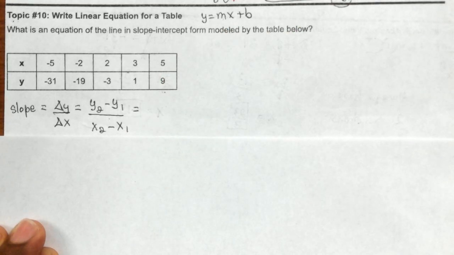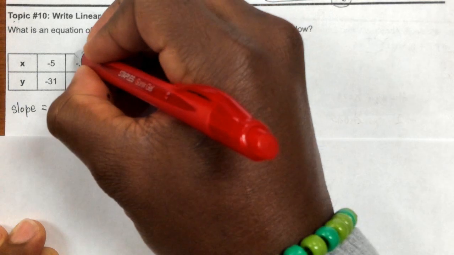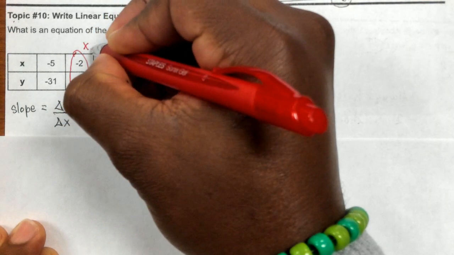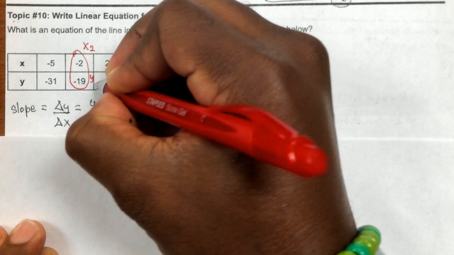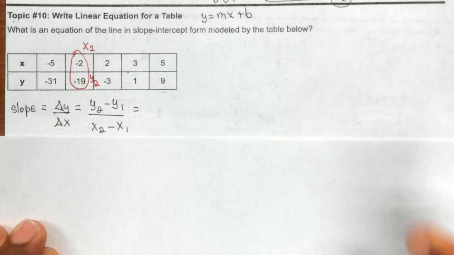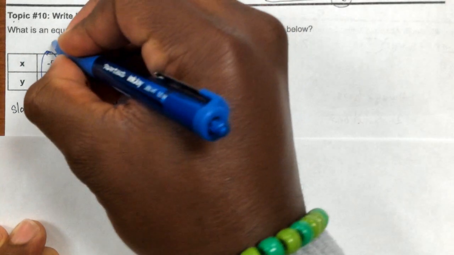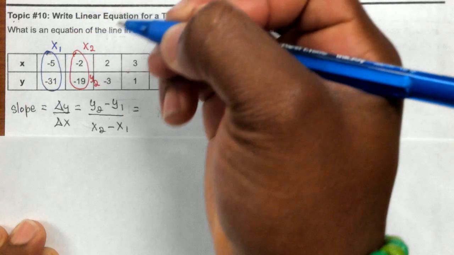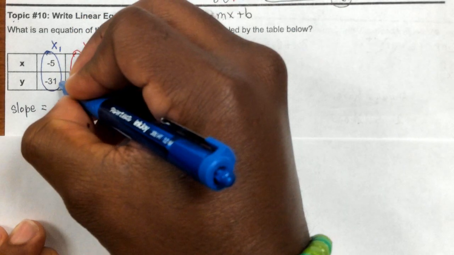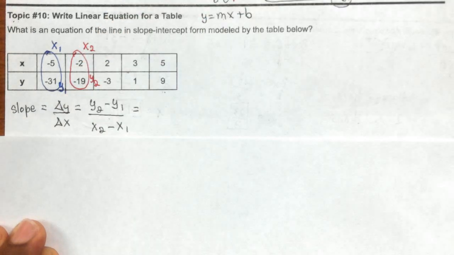So I'm going to pick some x and y values. These are what I'm going to call my x2 and y2, because it's my second y value and my second x value. These are what I'm going to call my x1 and y1, because they were my first y values and x values.